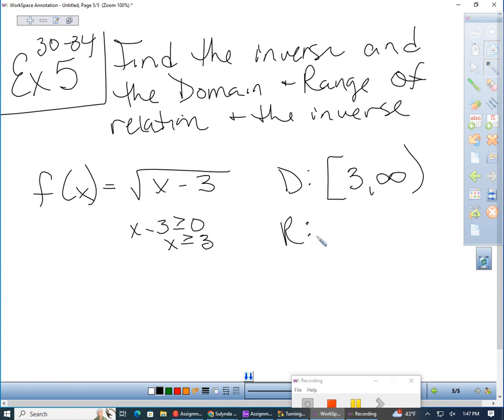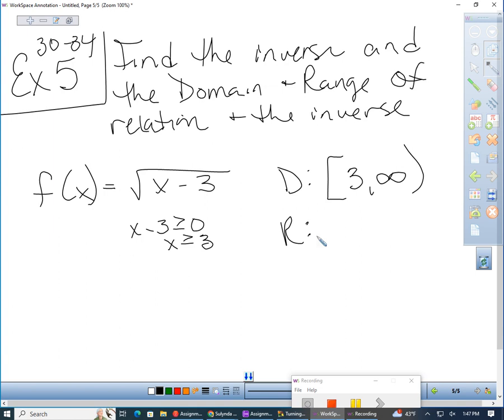Range are your y values. If I have a square root, my y values can only end up to be what? Okay, let's try this again. Your range is your y values.